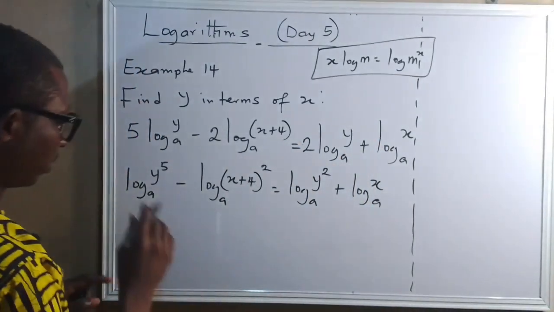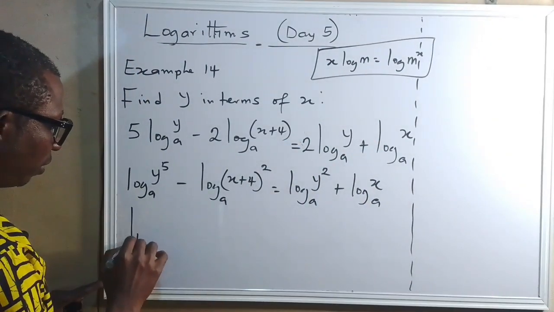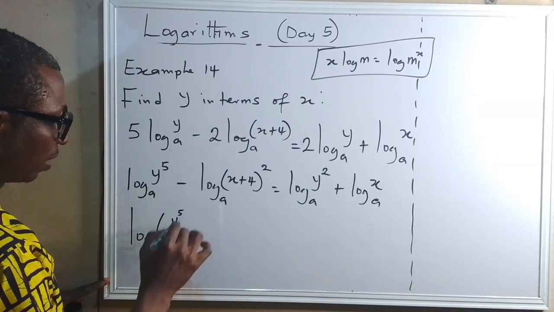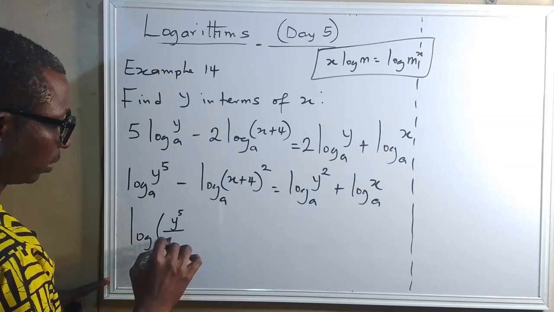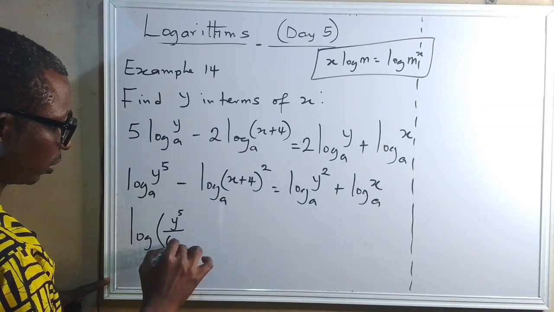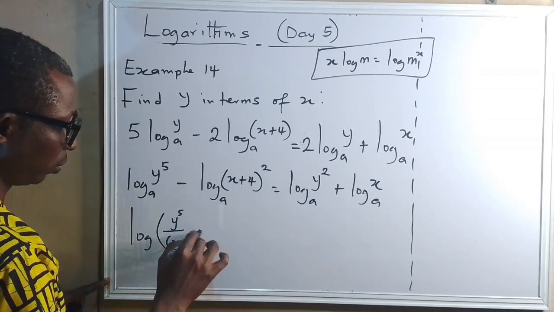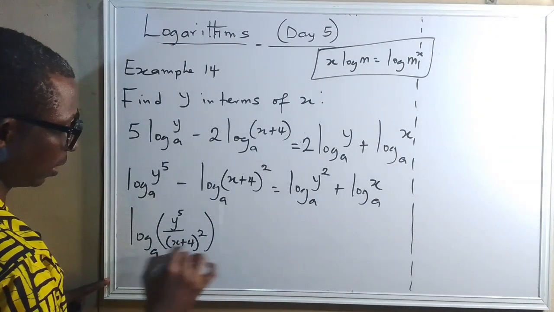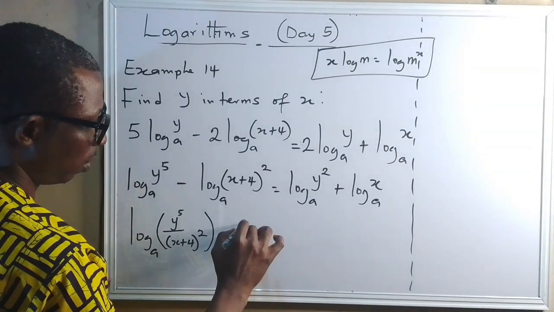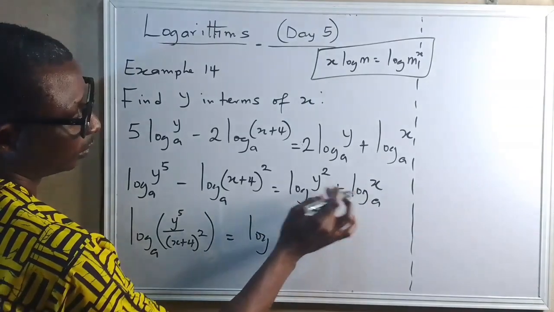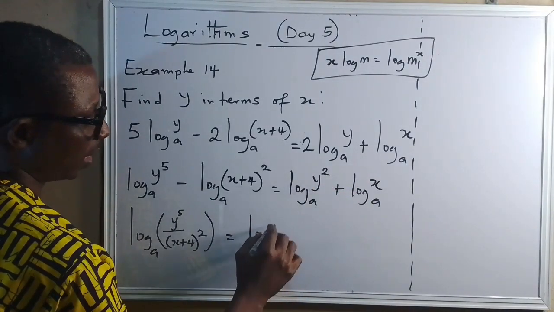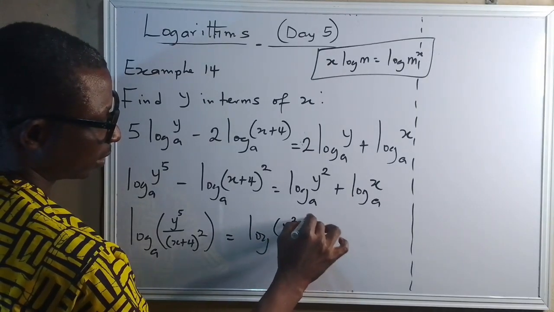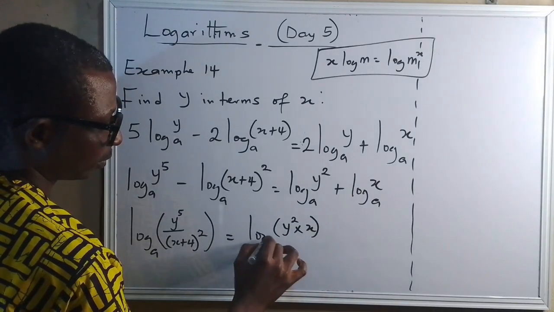So we have log of y raised to the power of 5 divided by (x plus 4) raised to the power of 2, base a, equals log of, now this will be multiplying each other, so we have y raised to the power of 2 times x, base a.